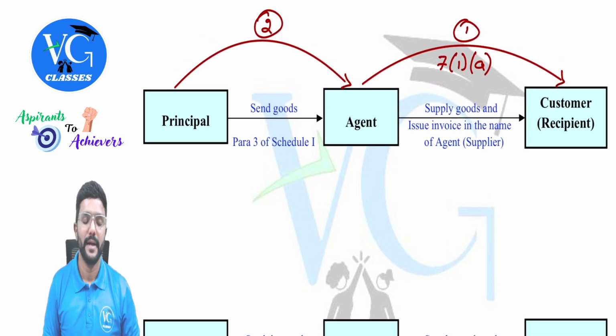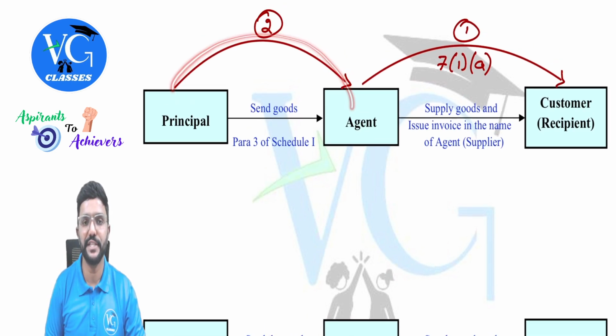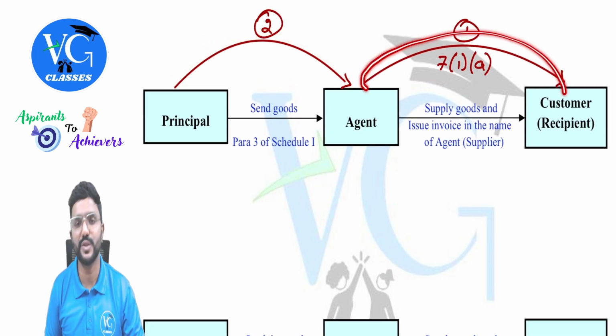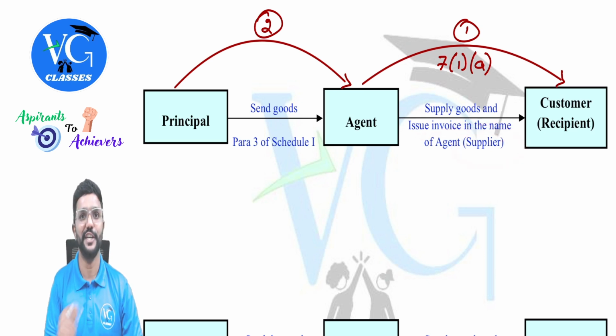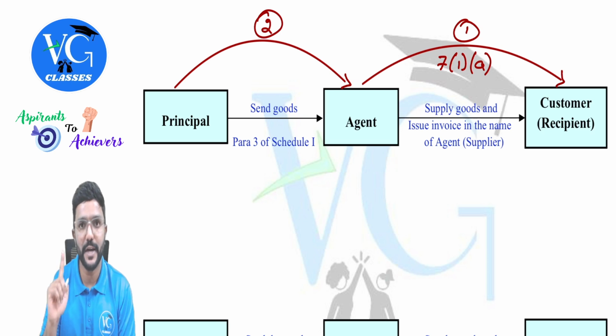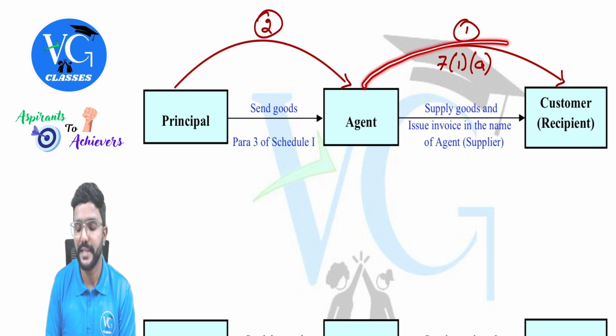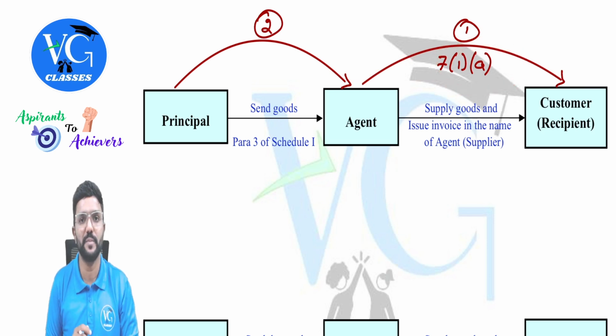Next, assume principal sent the goods to an agent and agent sold the goods to the customer or recipient but issued invoice in his own name. Whose name? Agent. So as per invoice, who is the supplier? Agent, it seems. So that means there are two supplies. One is from agent to recipient. This is as per section 7(1)(a) because consideration would be there.